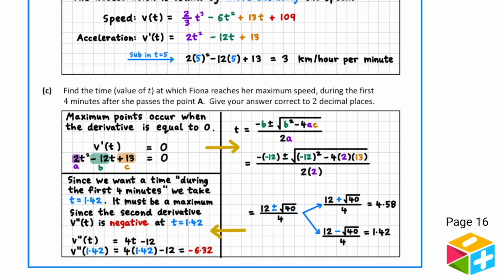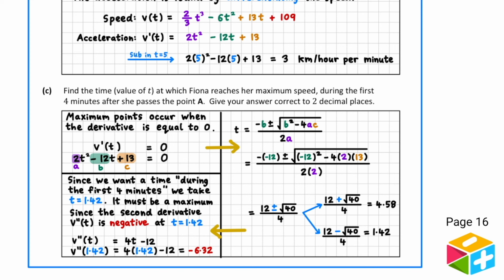To deal with the plus minus sign, we need to split into 2 cases. In the first, we replace this symbol with a plus, and in the second, we replace it with a minus. Both of these fractions can be evaluated using our calculator. In the first case, we end up with 4.58, and in the second case, we end up with 1.42.